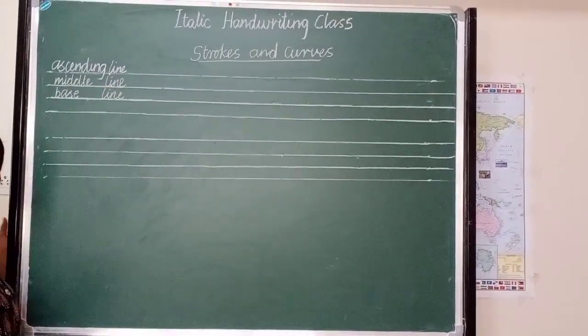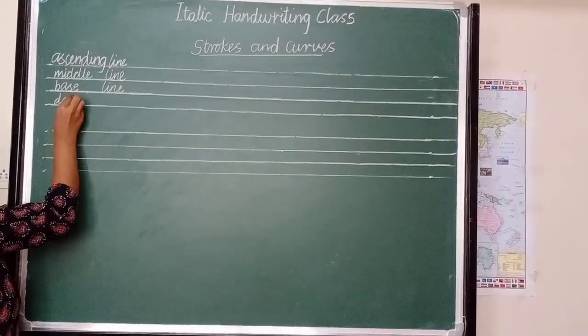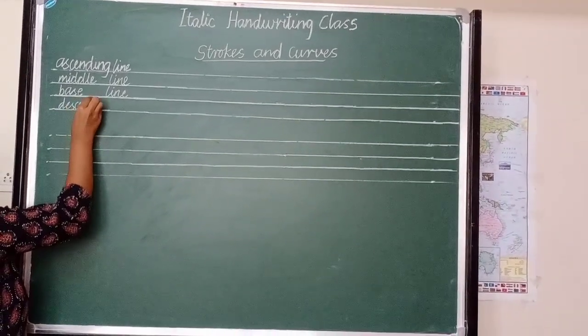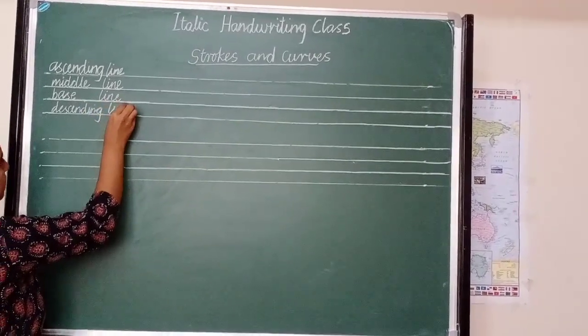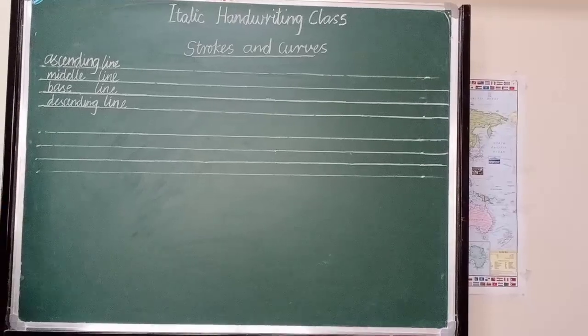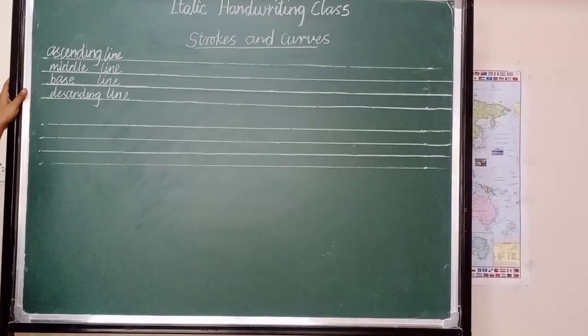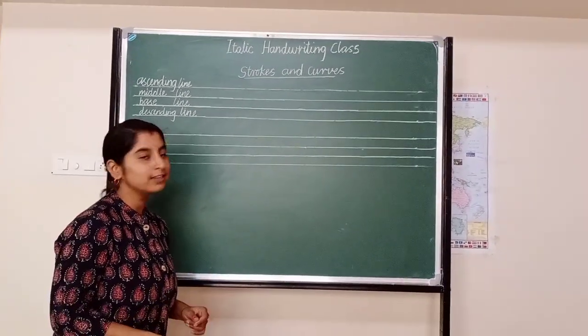And the last one is called the descending line. Okay, now we have given names to these lines. Through these lines only we are going to start the strokes and curves.